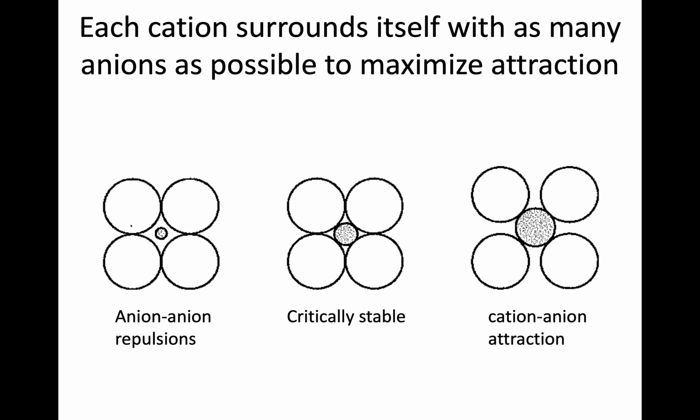All right, so let's start in the middle here. Let's start with number 2 and look at the size ratio. I've got a couple of different scenarios here. Again, think about the relative size. The cation is the smallest here, and the anions, which are the larger of the two species, are surrounding it.